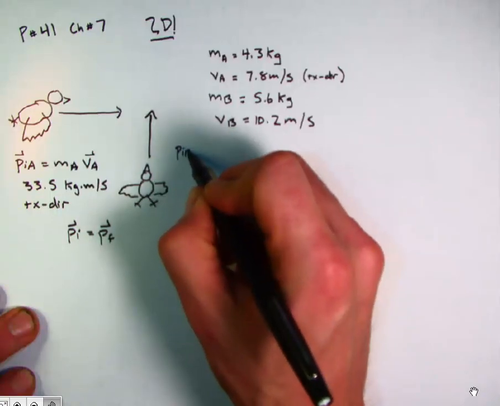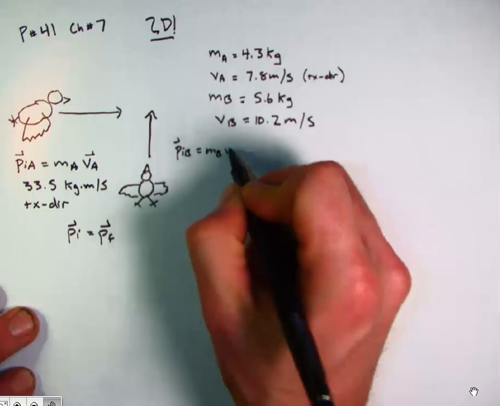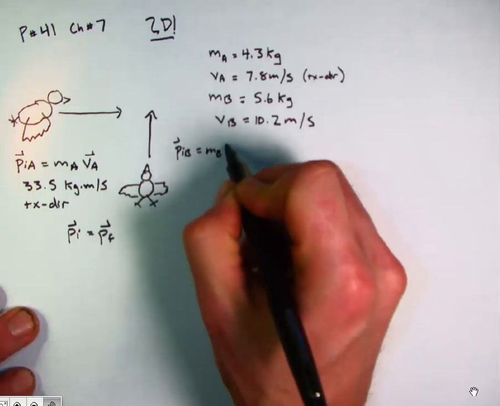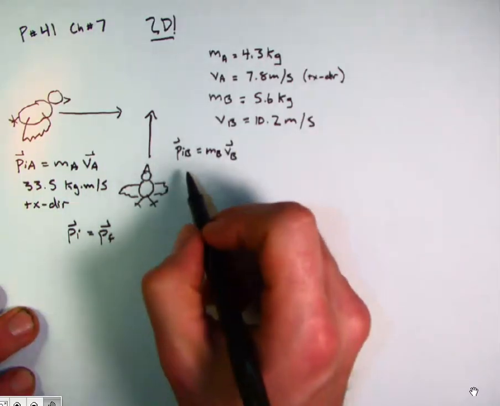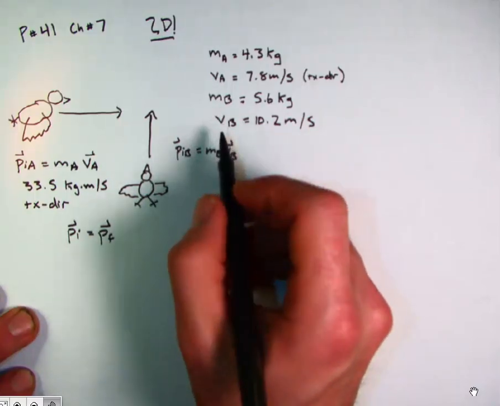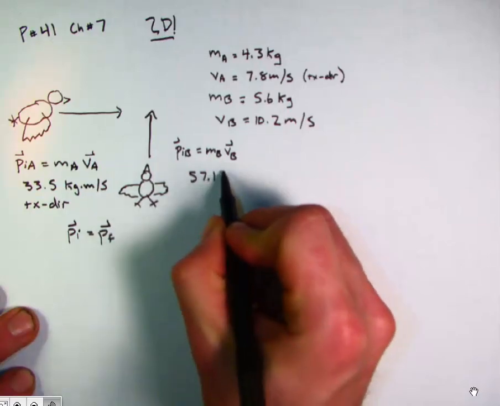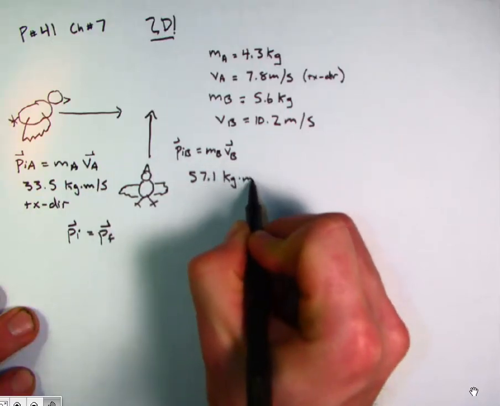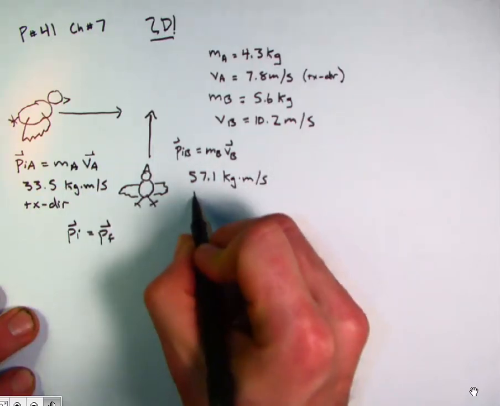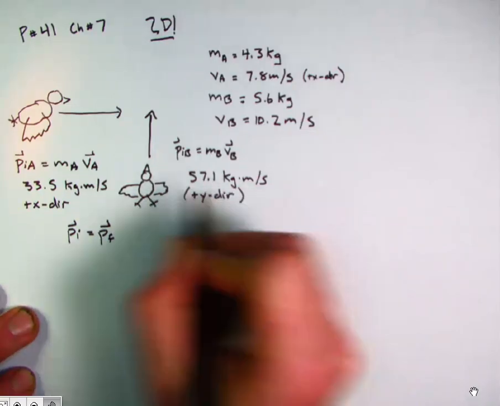Now the initial momentum of Eagle B would be the mass of Eagle B times the speed or velocity of Eagle B, right? So if we plug in the mass and speed of Eagle B, we would get 57.1 kilogram meters per second, and this would be in the plus y direction, okay?